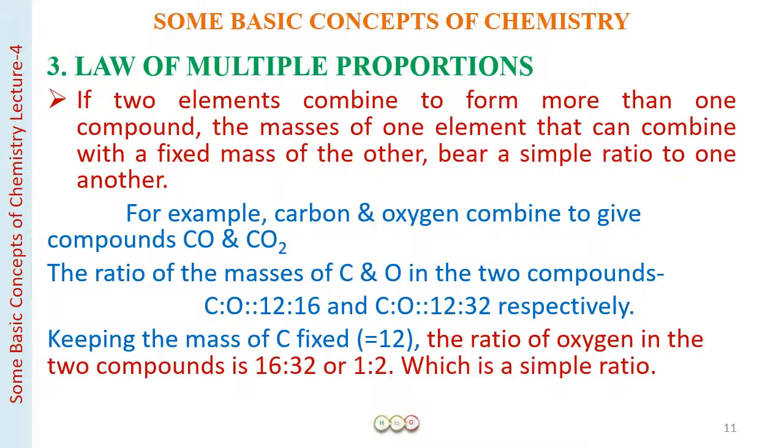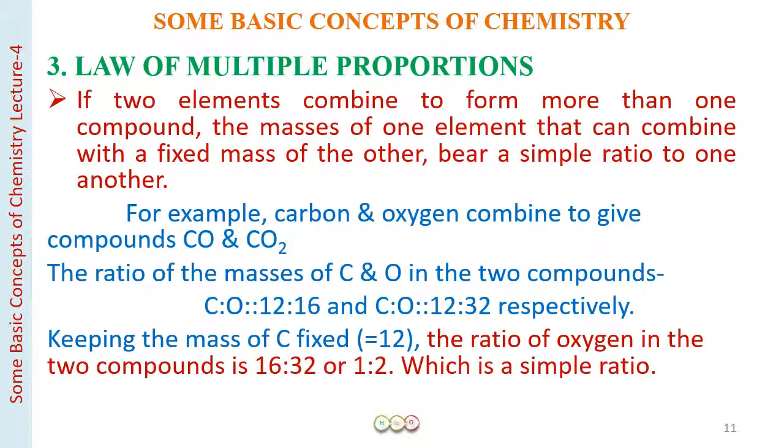So now this is again a simple ratio because 16:32 is 1:2. Fine. So this is what the law of multiple proportions says, that if two elements combine to form more than one compound, and you fix the mass of one and see the ratio of the masses of the other element, they are going to have a simple ratio to one another, right?